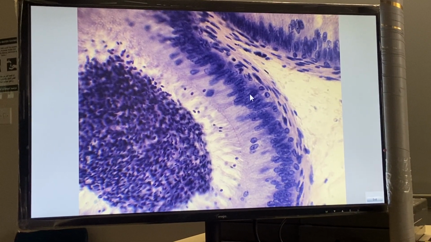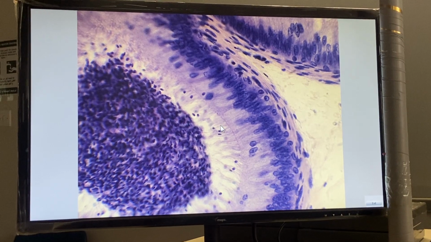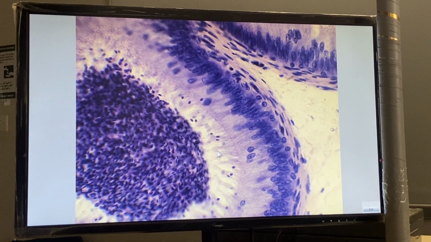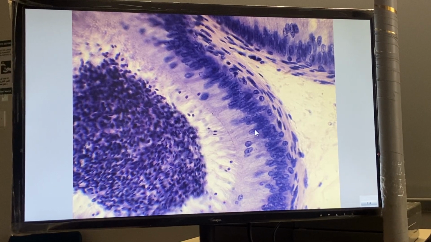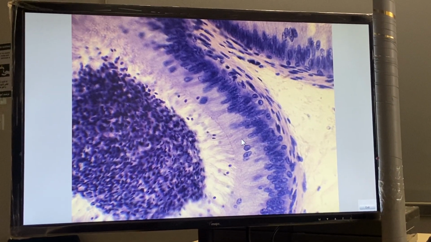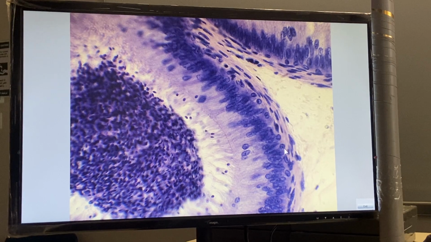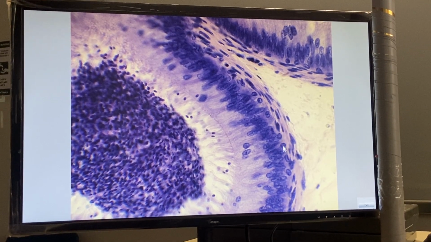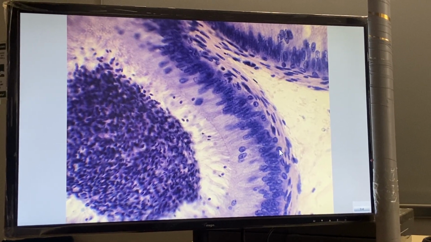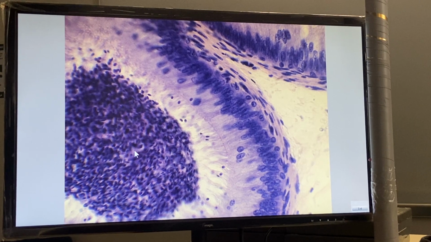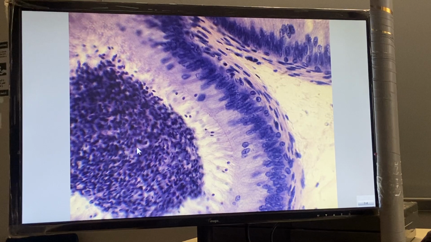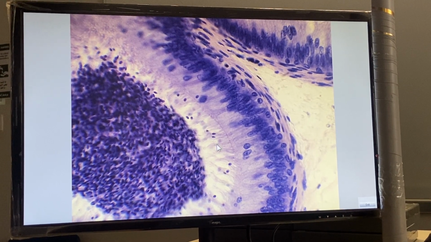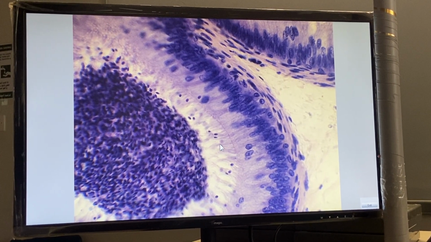The epithelium is pseudostratified columnar epithelium with non-motile stereocilia. This is an aggregation of sperm found within the lumen of the epididymis. These are the stereocilia, non-motile stereocilia.